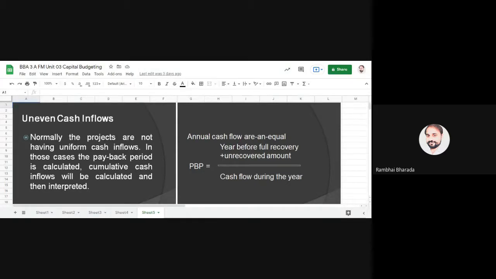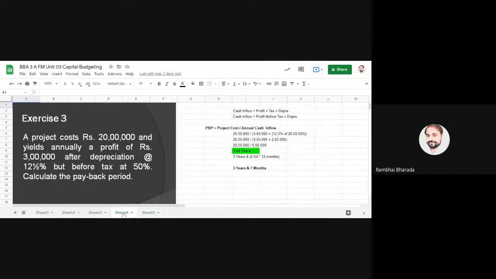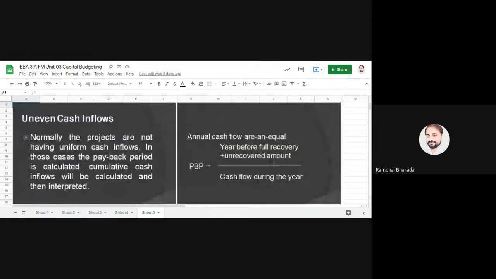Cash flow during the year. Lastly, we have done exercise number 3. Let me share exercise number 4. You will get a clear idea.